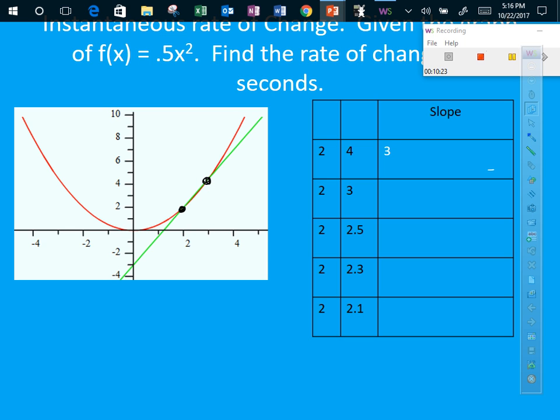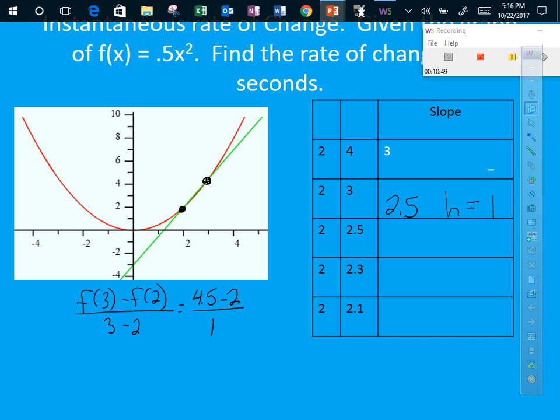And we're going to do that same work. We're going to go f of 3 minus f of 2 over 3 minus 2. So I'm going to get 4.5 minus 2 over 1. So now my slope is 2.5. While I'm here again, my h value happens to be 1.